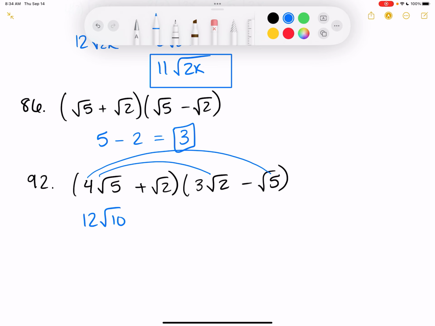Then that one is going to be 4 square root of 5 times negative 5. Square root of 5 times square root of 5 is 5, times 4 is 20, and it's a minus, so minus 20. I'll just write for reference here, this is 4 times 5.